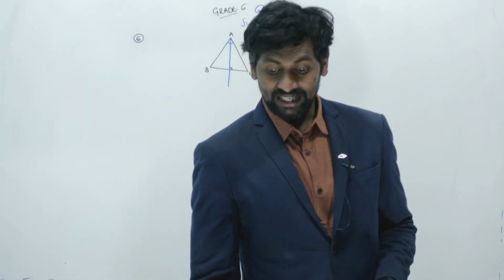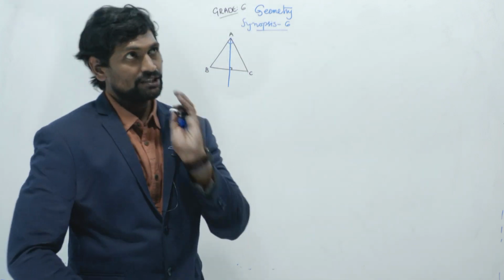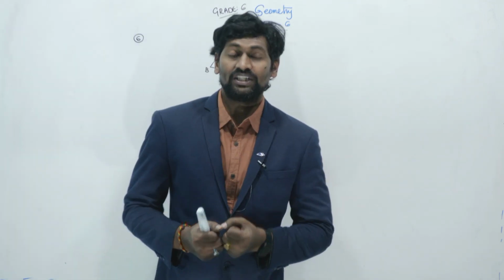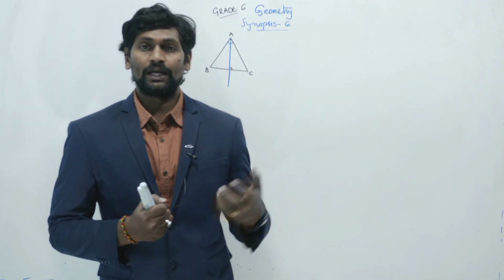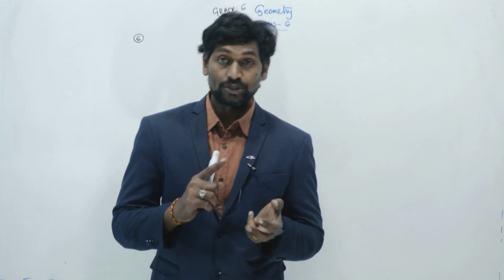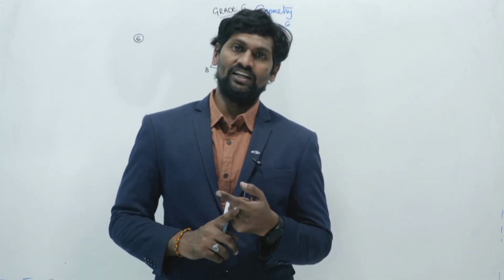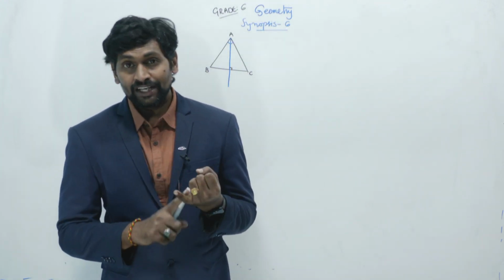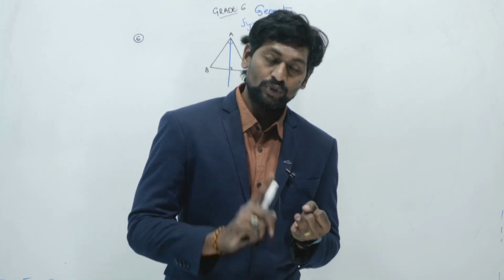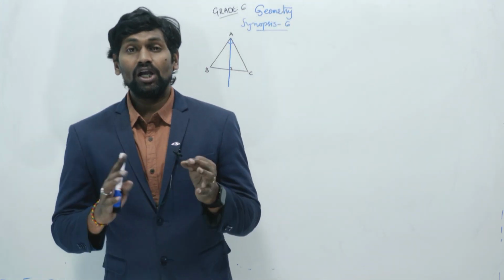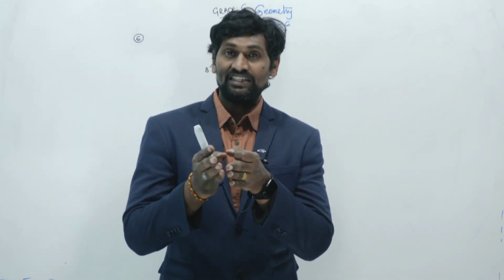Then which type of triangle is possible for this? While we are discussing the types of triangles, we have many types based on sides: scalene triangle, isosceles triangle and equilateral triangle. And while observing the properties of an equilateral triangle, the median, altitude and angular bisectors of the triangle all coincide with each other.